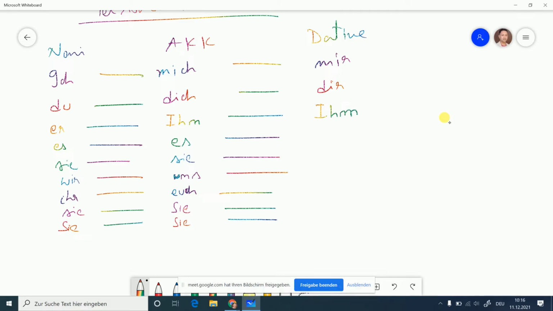And for es also, it comes to be ihm. Sie, ihr here. Wir comes to be uns. This is just the same. This is again euch. Then sie, ihnen; Sie, Ihnen.